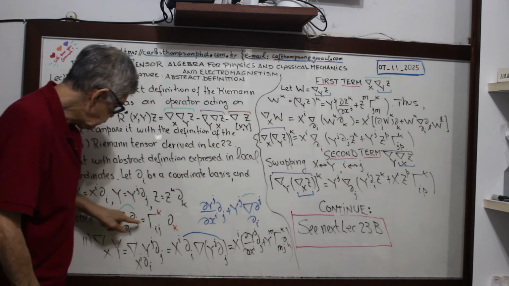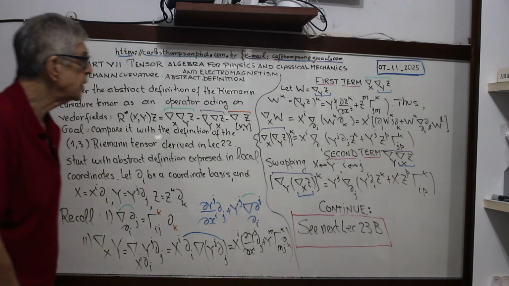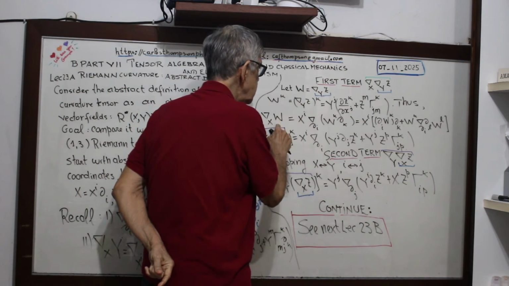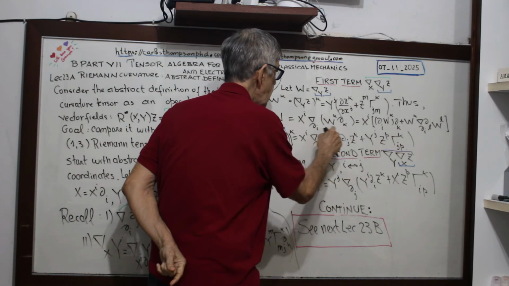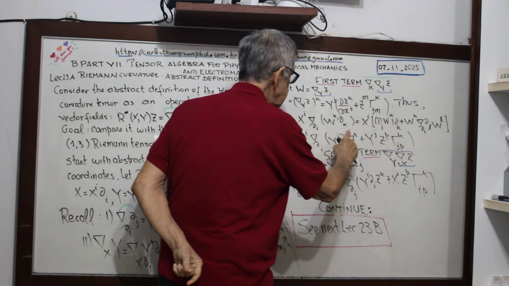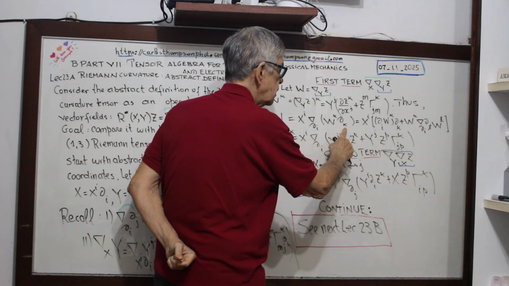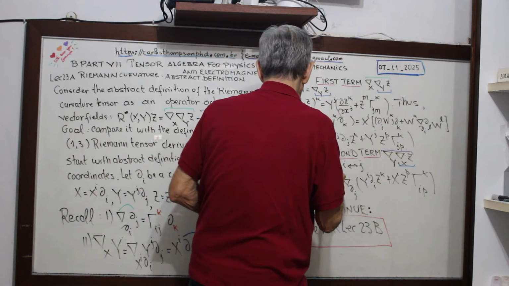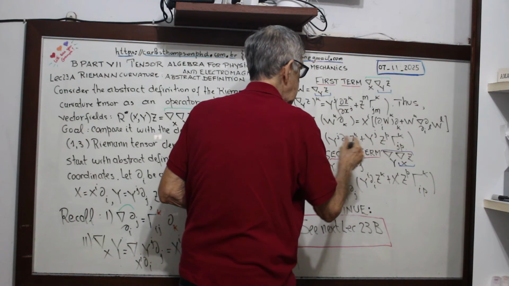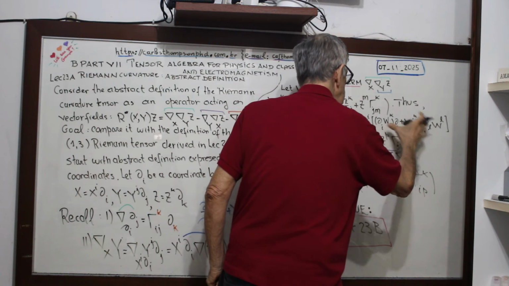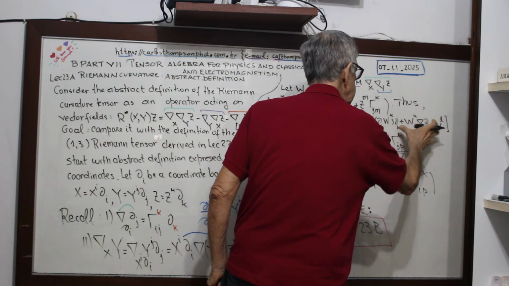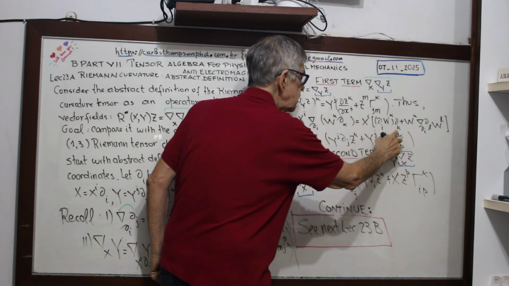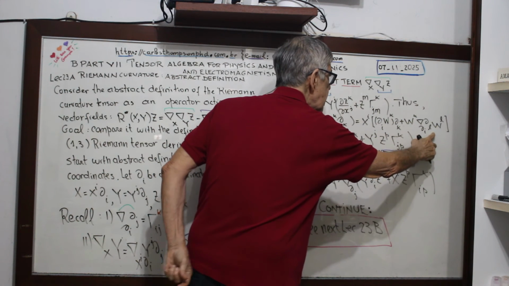Then again here, I derive this one. You see, there is a partial x^k. Now this X^i over here, that's this case that I derived. Attention now, this is partial x^k, this is partial x^l.